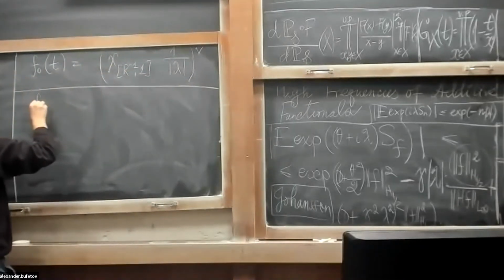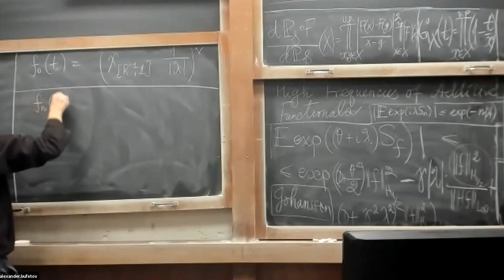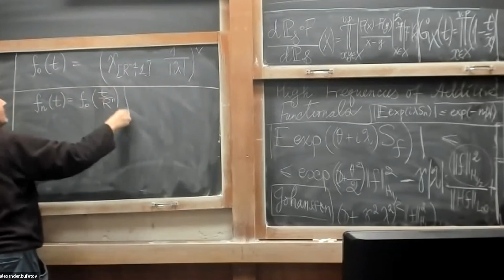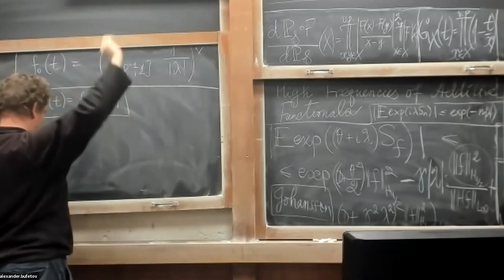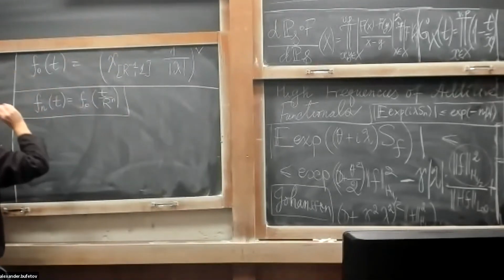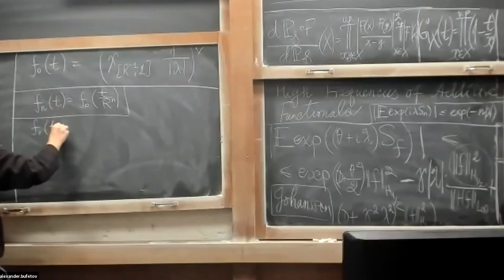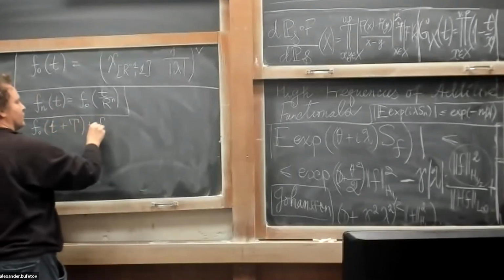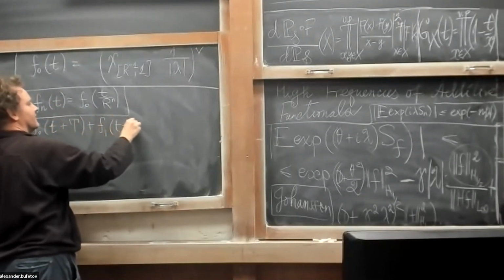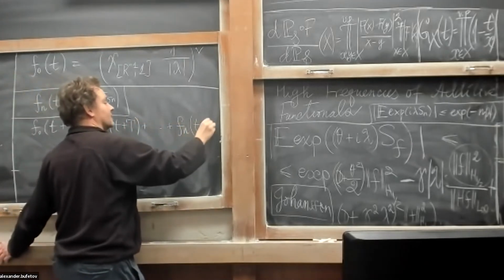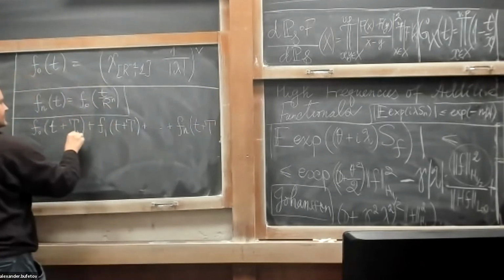So fn of t is f0 of t to the power n. I'm interested in sums of the form f0 of t plus large, plus f1 of t plus t large, plus fn of t plus t large. Then there is one sum of this form.